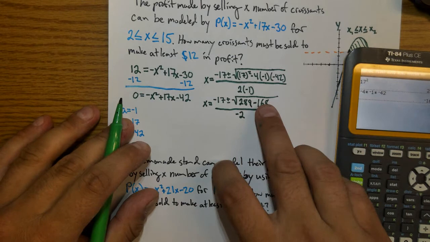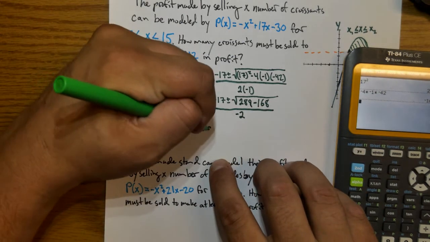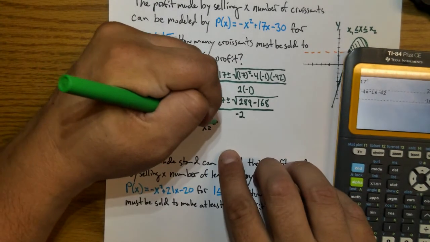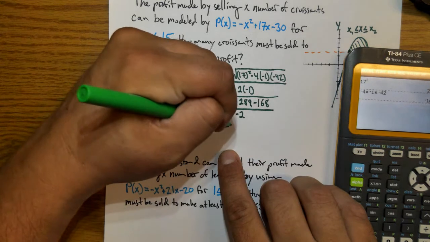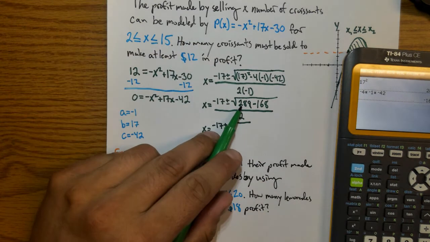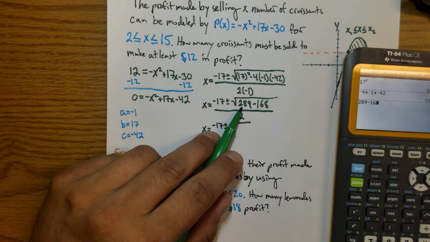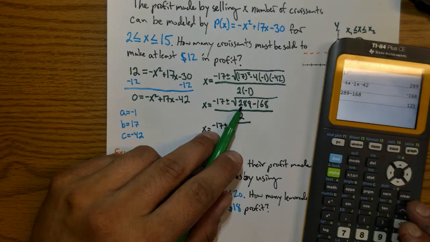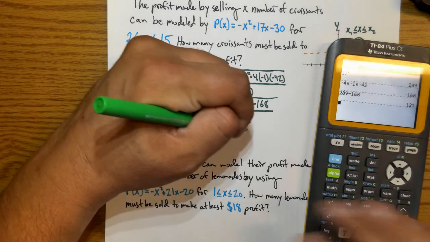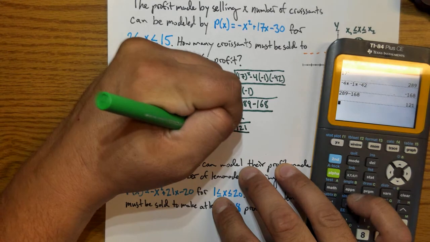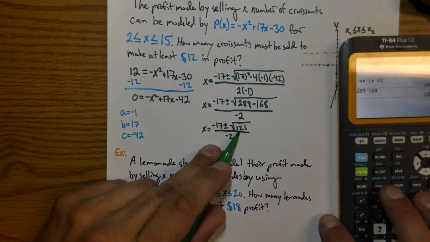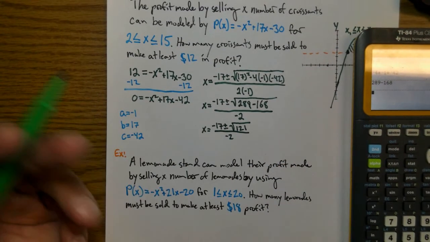Now continue simplifying under the square root. X equals negative 17 plus or minus the square root of, and what is it? Again, I don't want to mess it up. 121, divided by negative 2. We know the square root of 121. Well, I do.